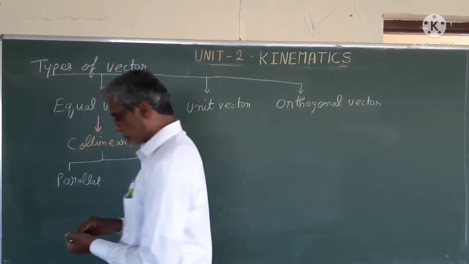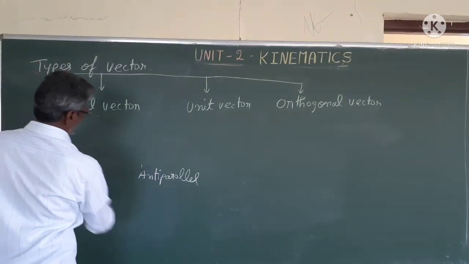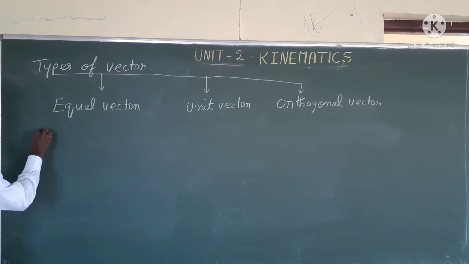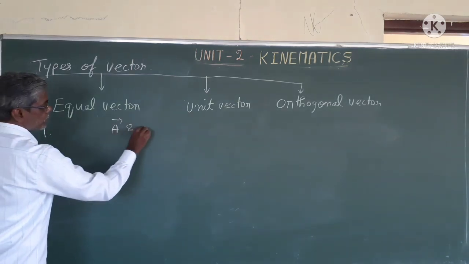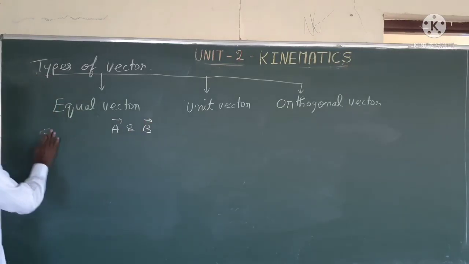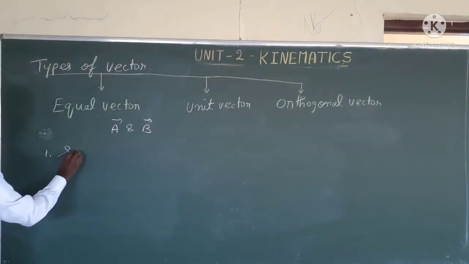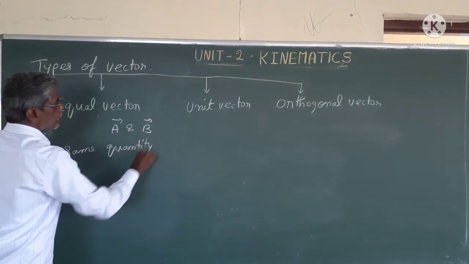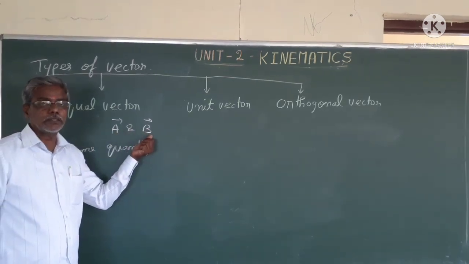Now, what is an equal vector? If I take two vectors, A vector and B vector, they must have the same quantity. Suppose A vector represents velocity, then B vector also must be velocity.